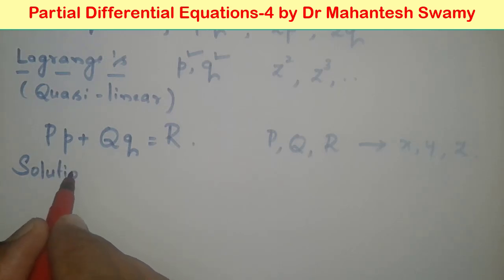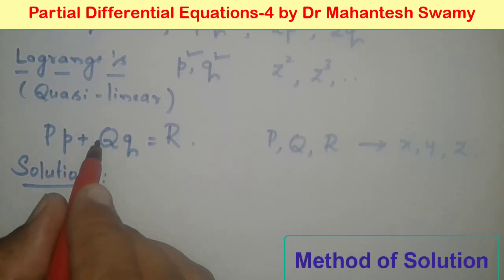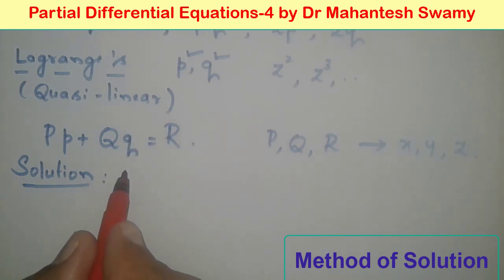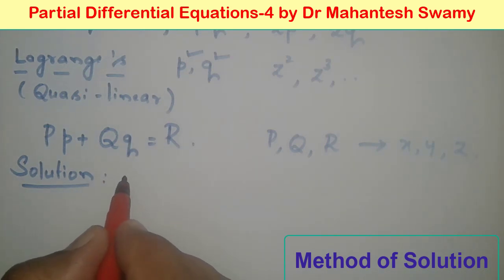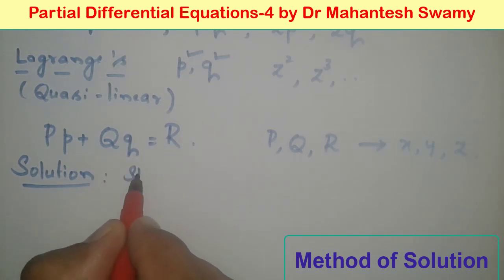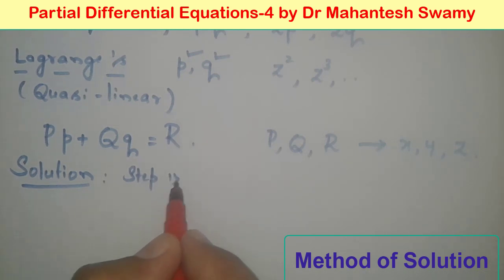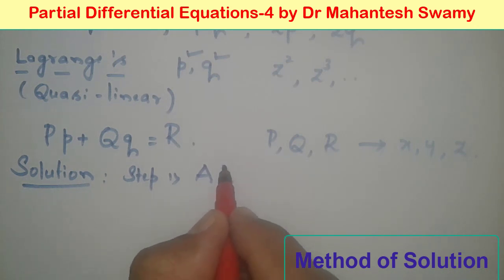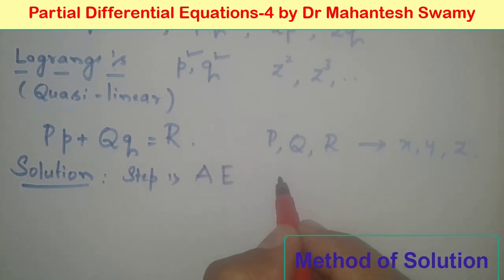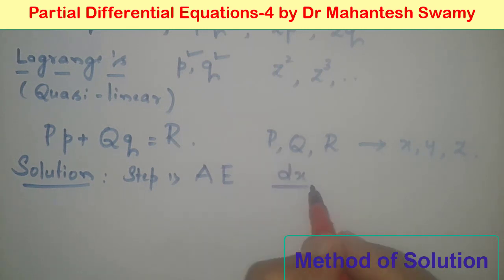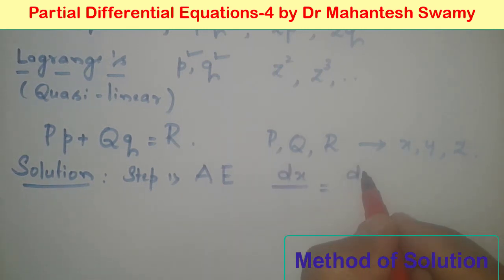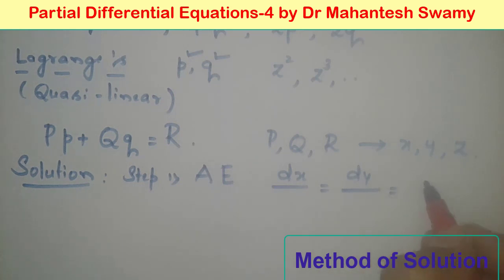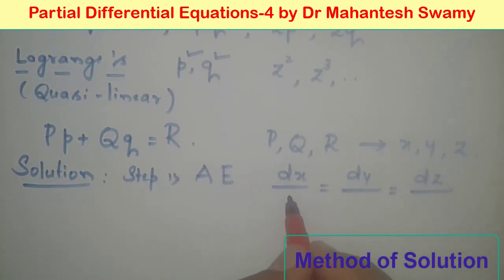So what is the method of solution? The method of solution of Lagrange linear PDE involves the following steps. Step number 1 is to write the auxiliary equations. So what are auxiliary equations? Very easy to write: dx by something equals dy by something equals dz by something.